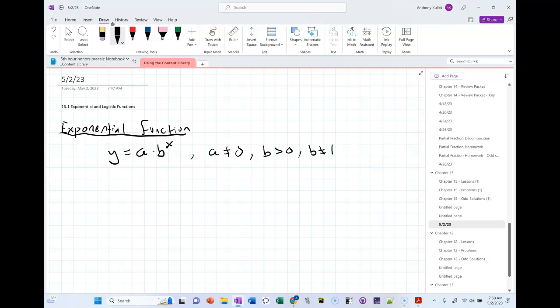Well, the exponent is the variable, right? So that can take on any value. So what would happen if x was, say, 1/2 and b was a negative number? Oh, it would be imaginary, right? Because the 1/2 is the same thing as a square root. In fact, any exponent that is a fraction with an even denominator would cause the same thing.